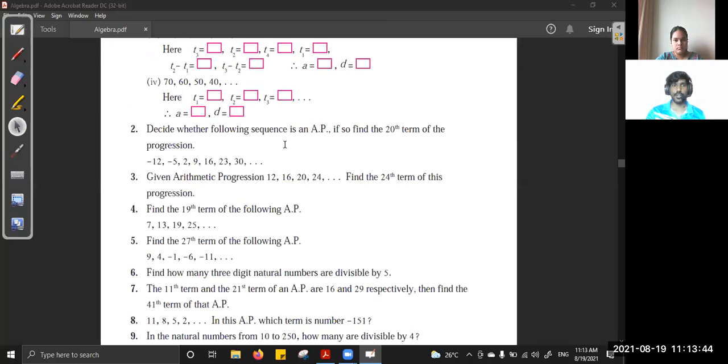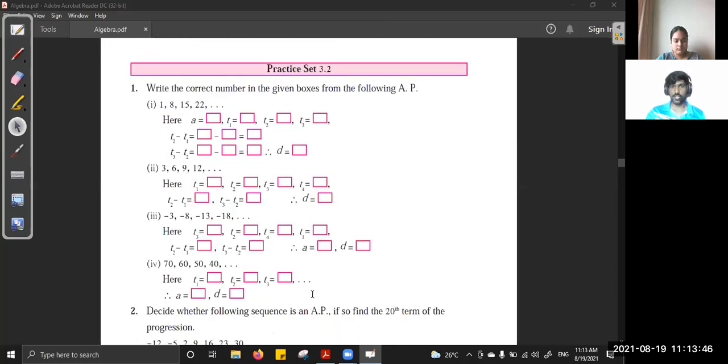So from this exercise, question number 1 is for homework. Just type and send it to the group.